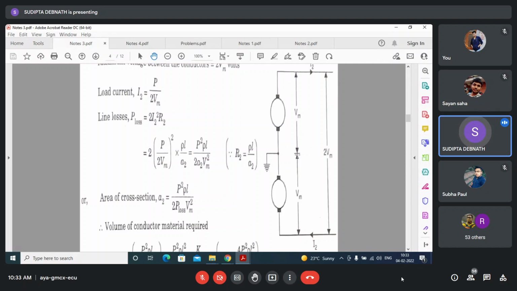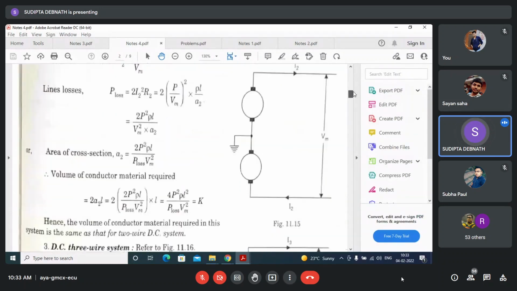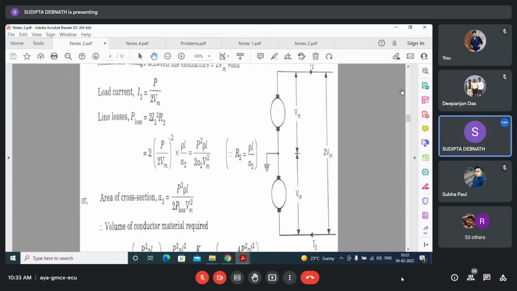But for overhead transmission line, underground cables, I will just show you. For underground cables, see, it is the voltage between two conductors. No question of earth point. So here the treatment is different.